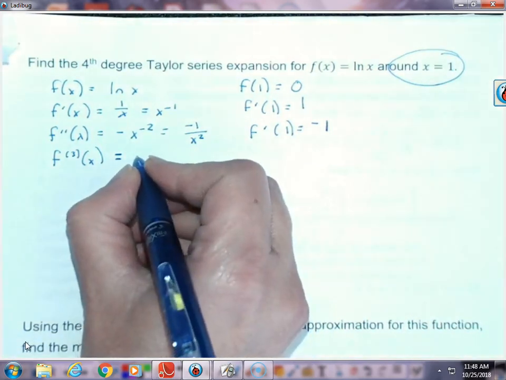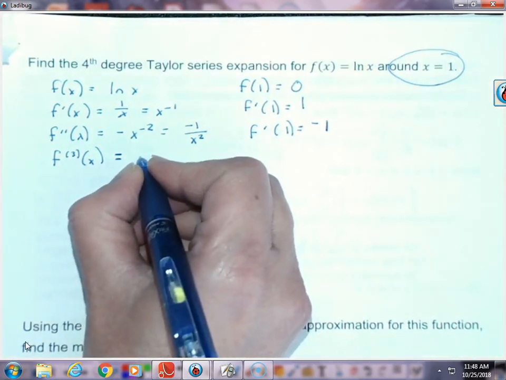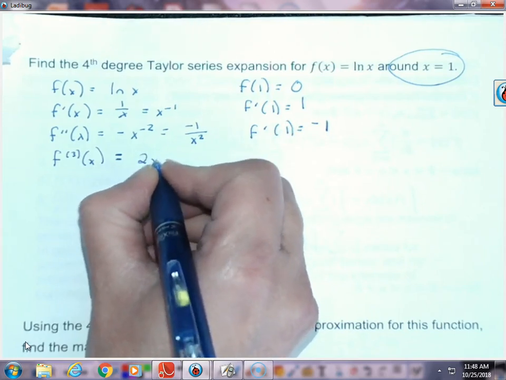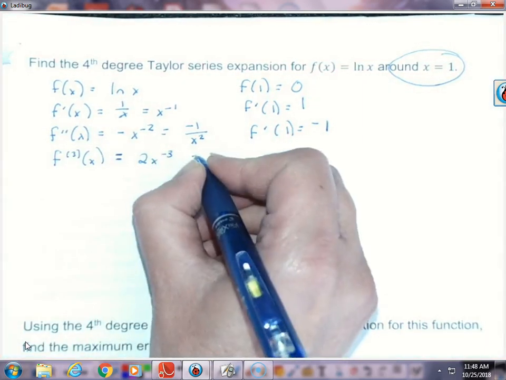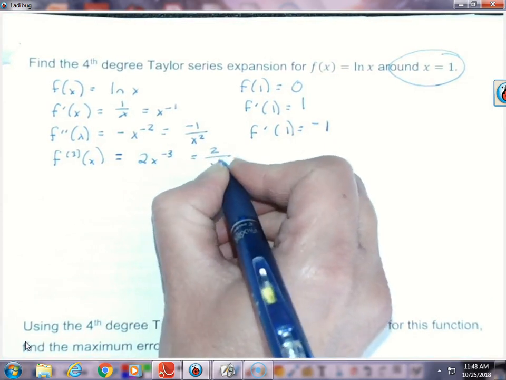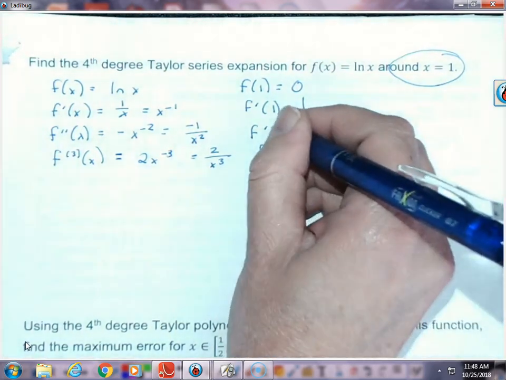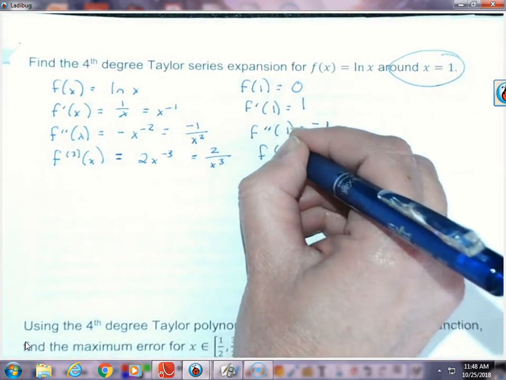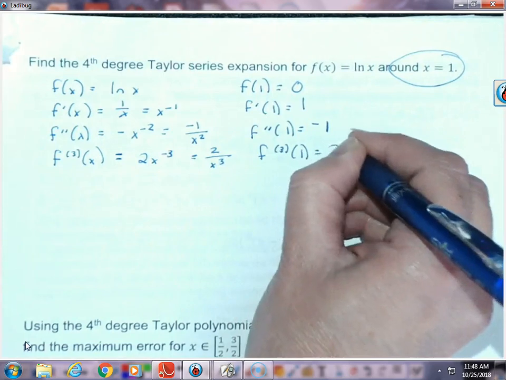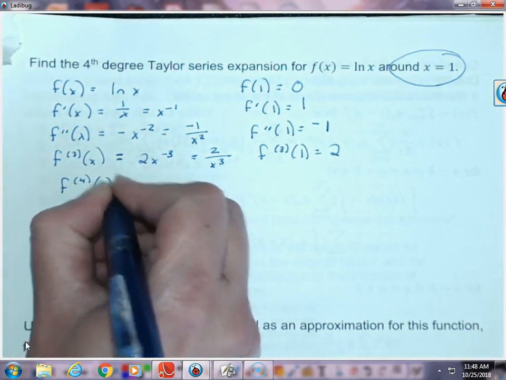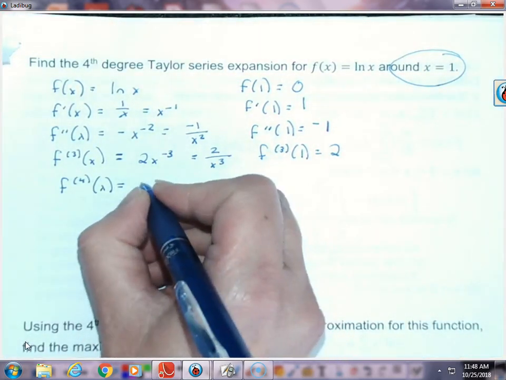All right, so the derivative. Okay, and so that would be 2 over x cubed. So f, oh, wait a minute, I need a prime on that guy. It would be 2. And the 4th derivative.